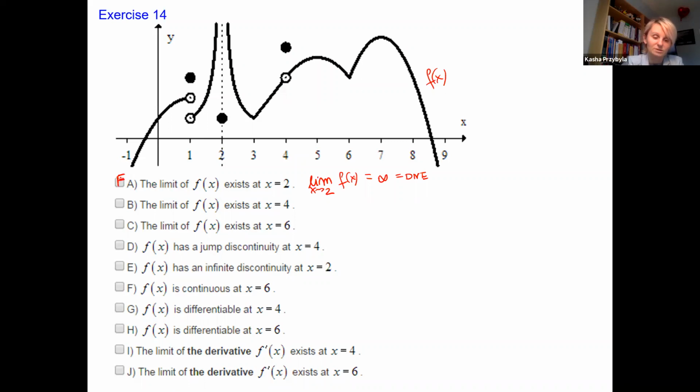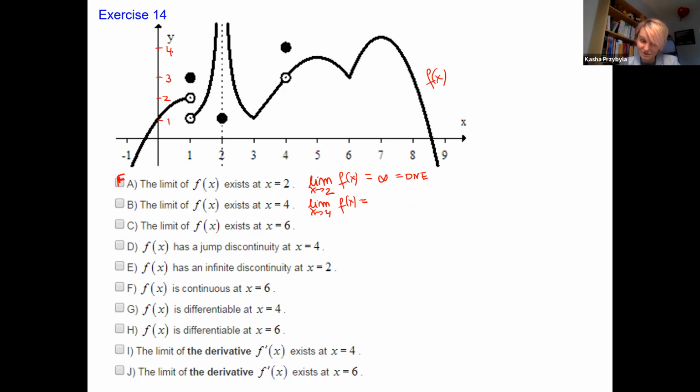Statement B: the limit of the function exists at 4. What do you think? The answer is yes, and maybe I can put some values: 1, 2, 3, and 4.